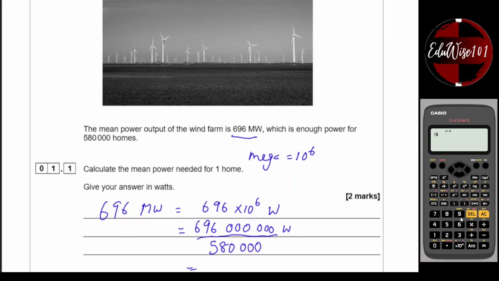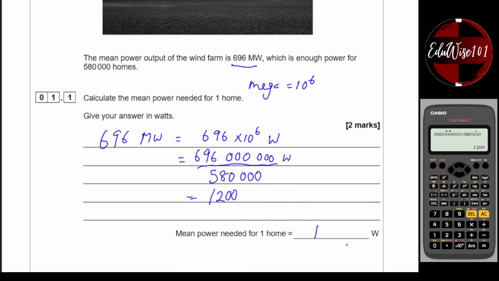So 696 divide that by 580,000. That gives you 1,200 watts.